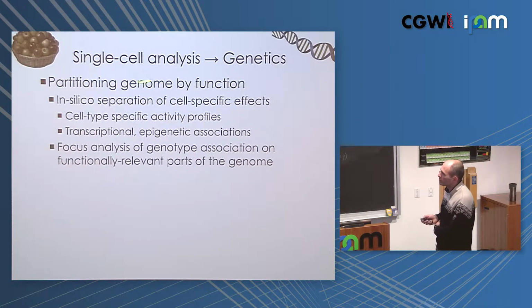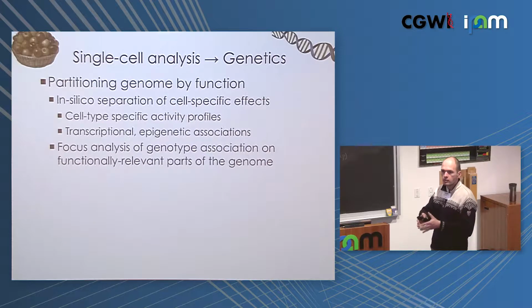So what these single-cell methods, especially functional methods, may allow you to do is an in silico separation of different cell-specific effects. First of all, let's say you have types of cells that you're not able to isolate from the tissue physically, and that's a pretty common thing. But you're able to distinguish them in these single-cell measurements.